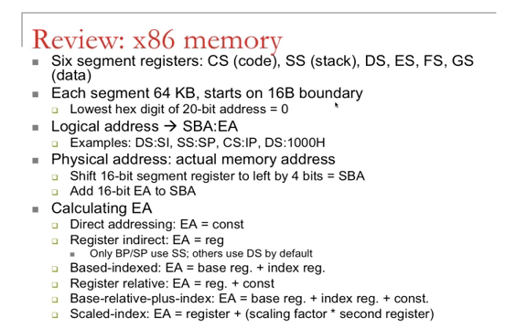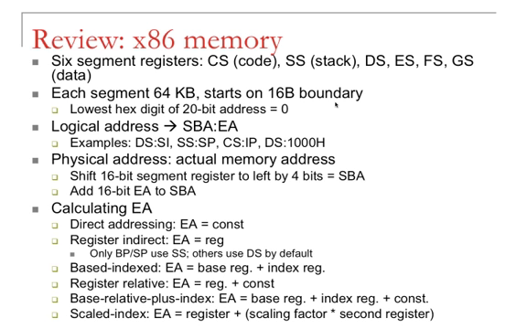To calculate the effective address, we have different ways to do that, depending on the addressing mode used by the instruction. Direct addressing mode is where you see a constant number inside a pair of brackets, and in that case, the effective address is the value of the constant.